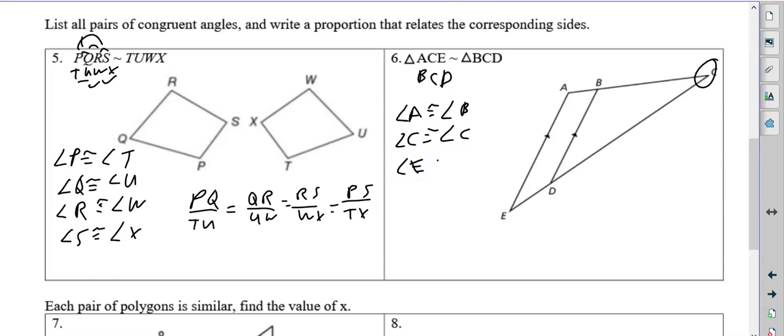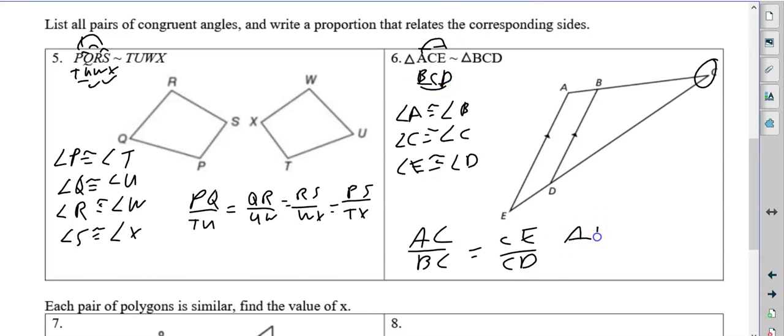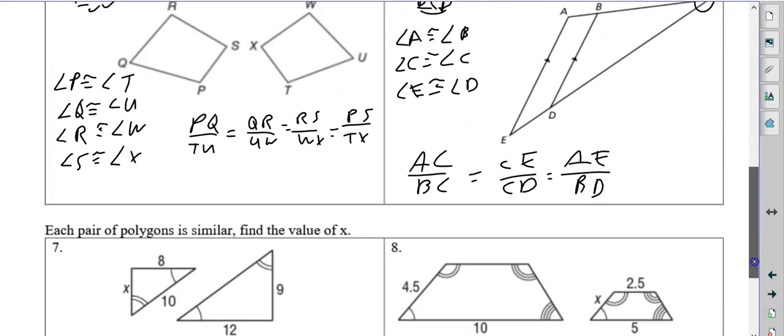And angle E is congruent to angle D. Now, the other trick is AC, BC. So we say AC corresponds to BC. The same way CE and CD. And front to back, AE, BD. Simple enough.